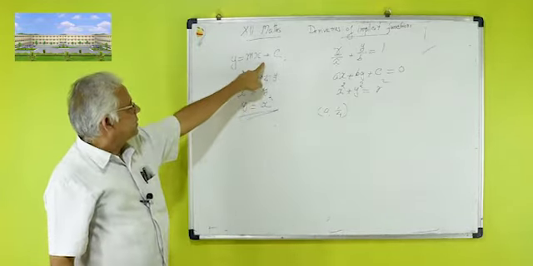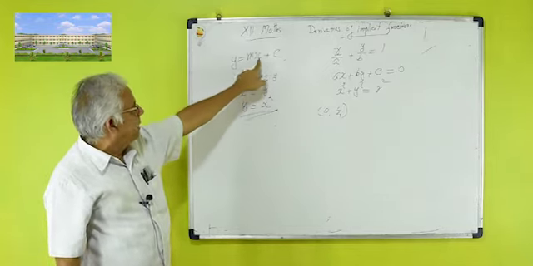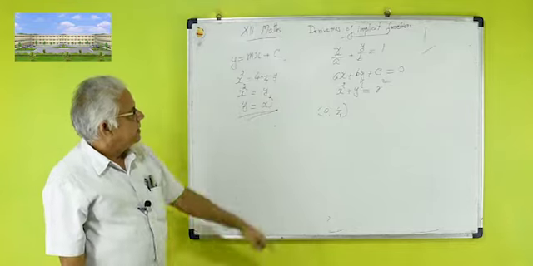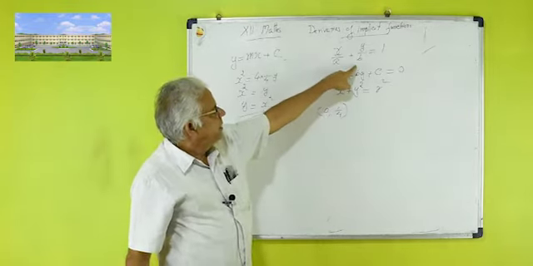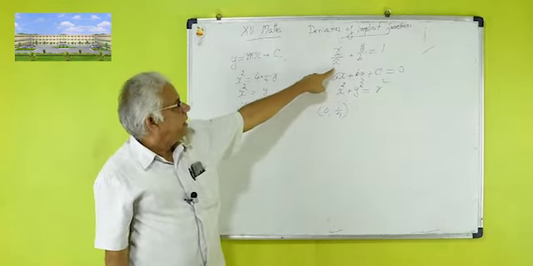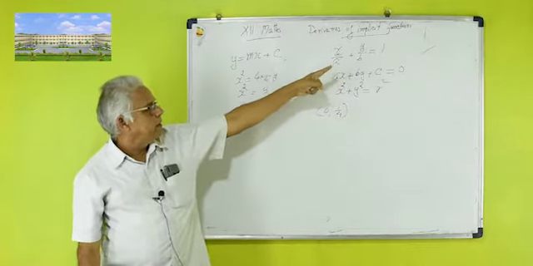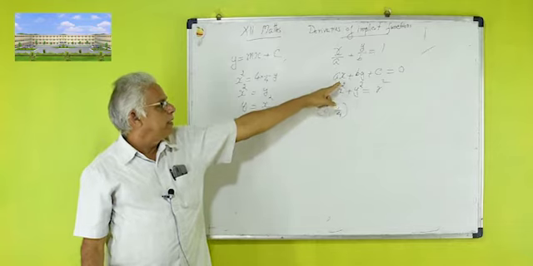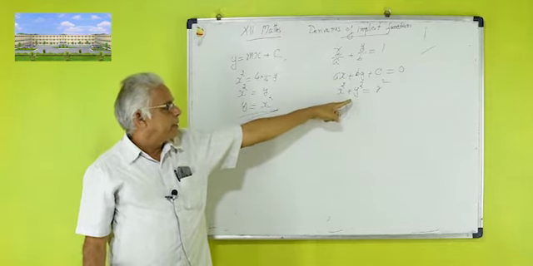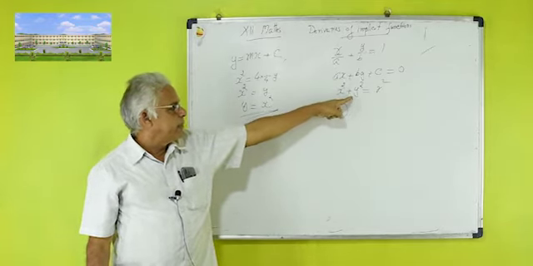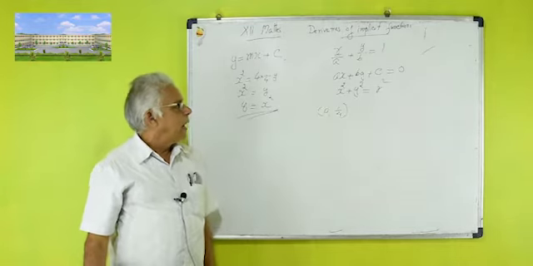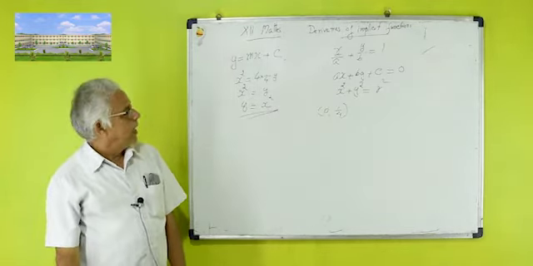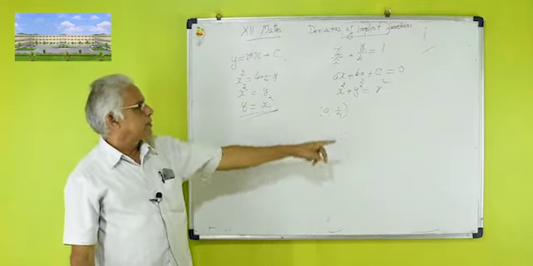This is the equation of a straight line with slope m and y-intercept c. This equation of the straight line with x-intercept a and y-intercept b is x by a plus y by b is equal to 1. Then the general equation of the straight line, and the equation of the circle with center at origin and radius r is x square plus y square is equal to r square.